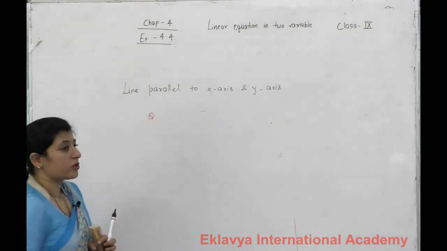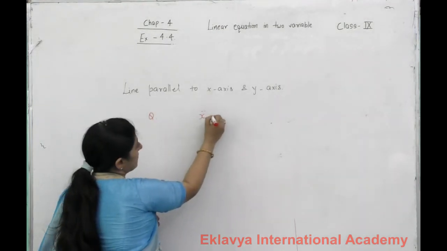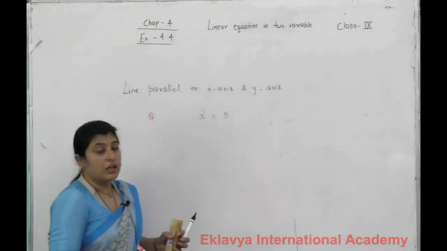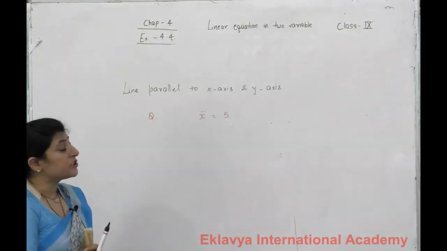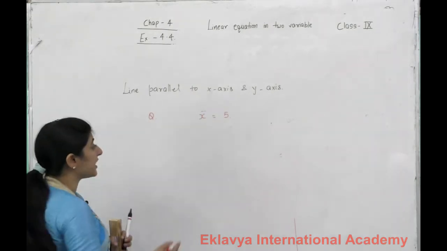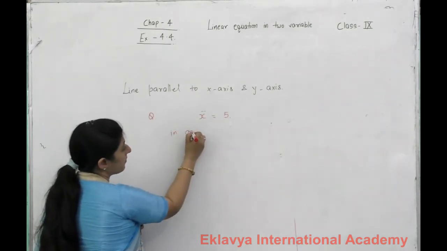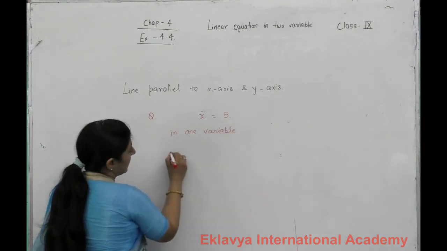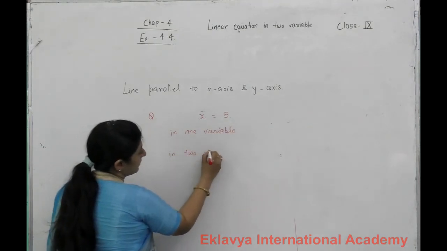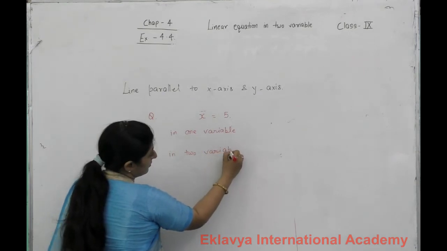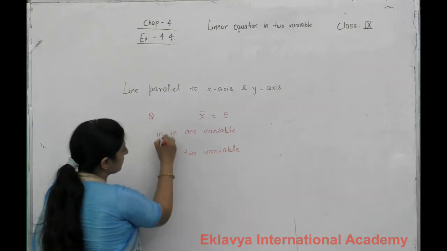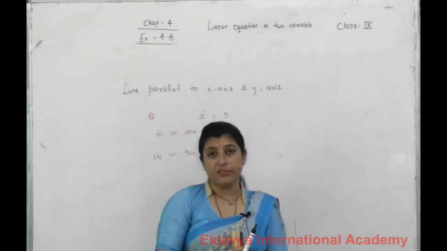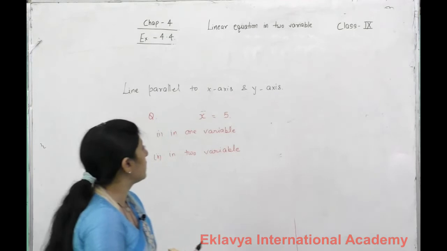Suppose your question is x is equal to 5. The question is, draw the geometrical representation in one variable and in two variables. You have to represent this in one variable and in two variables.